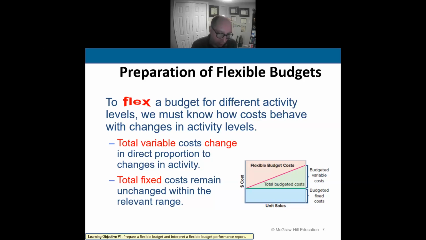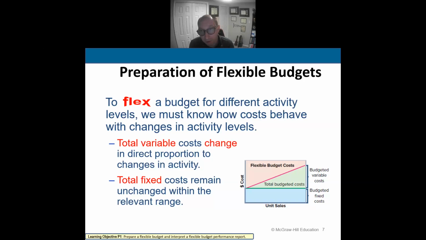It's important to note the behavior of the variable and fixed costs associated with the levels of activity. As we've talked about several times, the total variable cost will change with the change in the level of activity. The more I make, the higher my variable costs are.